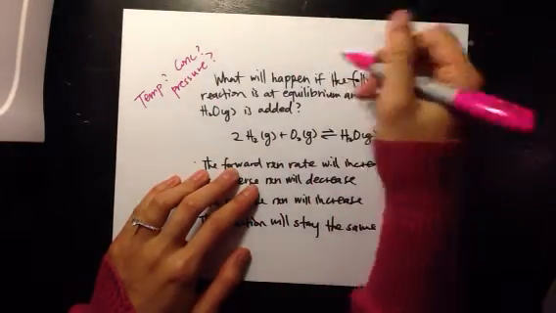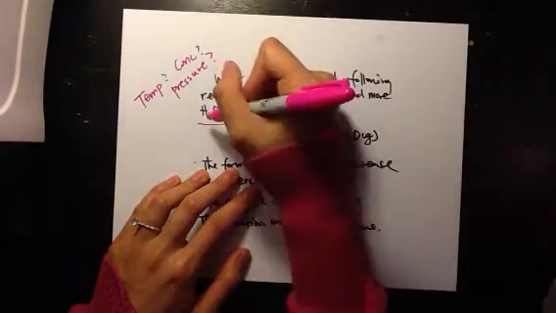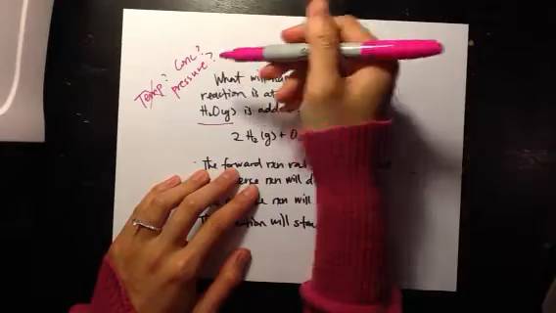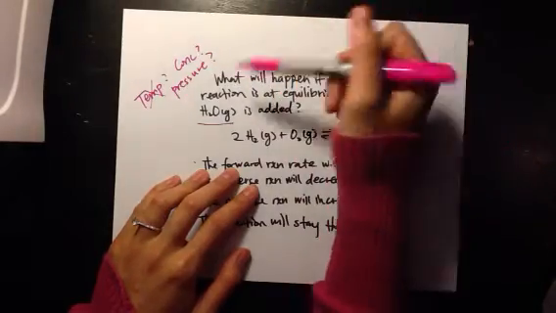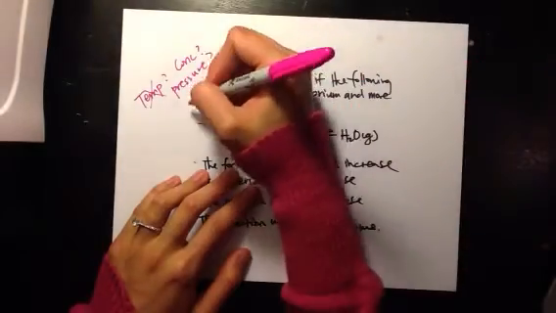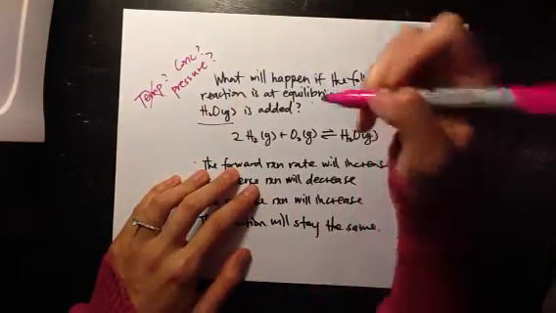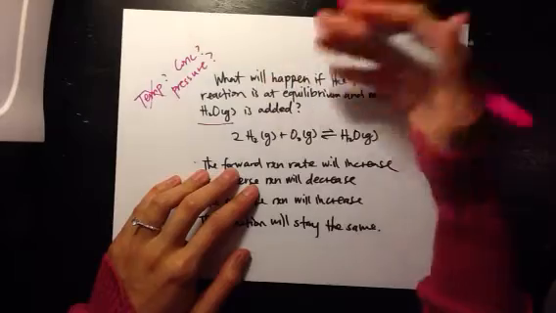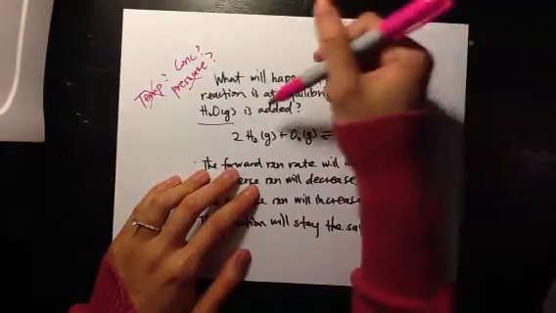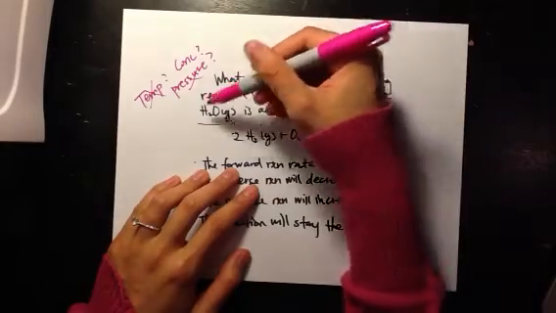Well, does this say anything about temperature? No. Gas, okay, it might be pressure. And concentration. Oh, well, it can't be pressure, even though it's a gas, because it's not talking about decreasing or increasing pressure or volume, right? So it's not pressure. We're talking about concentration. You're adding more amounts of H2O gas.